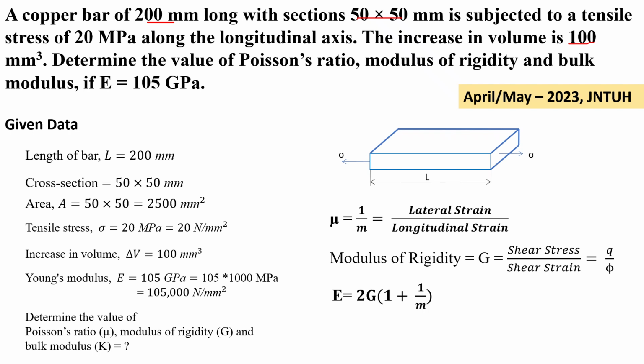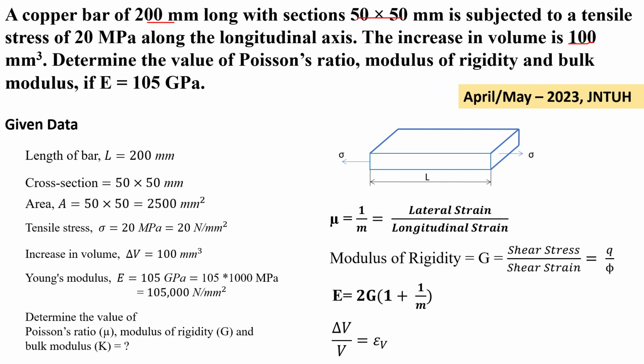In this regard, we have to use the volumetric strain formula. We know the relationship between the volumetric strain and the Poisson ratio. Volumetric strain epsilon V equals delta V divided by V. Here delta V is given, and we also know V, the original volume, which is area into length.